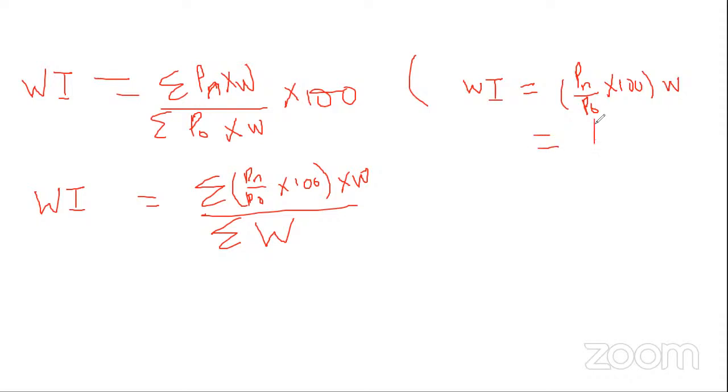So this is the same as price relative multiplied by the weights. So this is the same as weighted index. So these index numbers are very simple because it is just a matter of substituting in the formula and then being able to calculate.